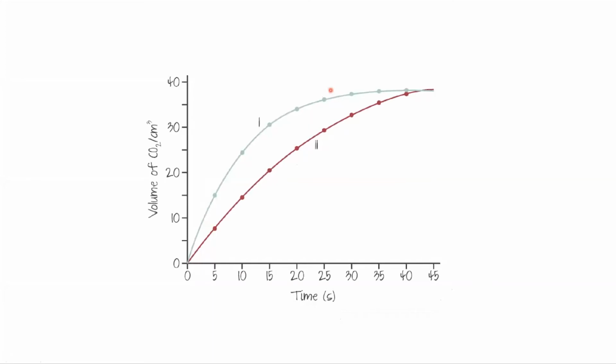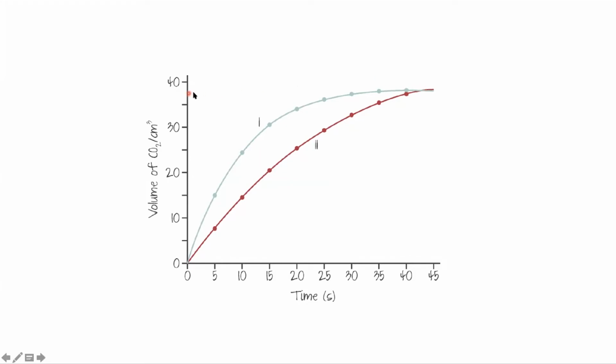So going back to that one, you can see that the green one is steeper, so it has a higher gradient compared to the other one. Okay, so this is faster, this is slower. Now you might ask a question that they're both ending at the same time.